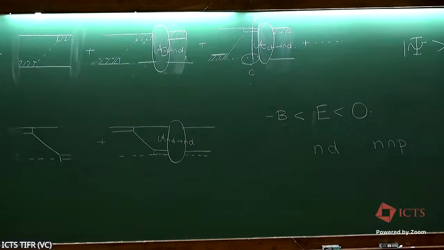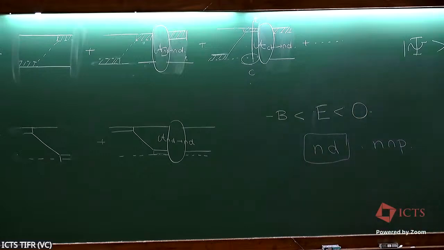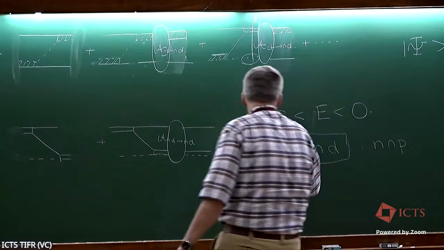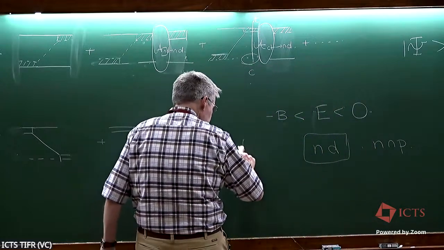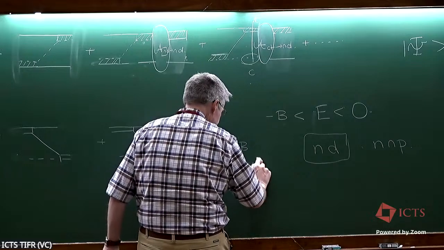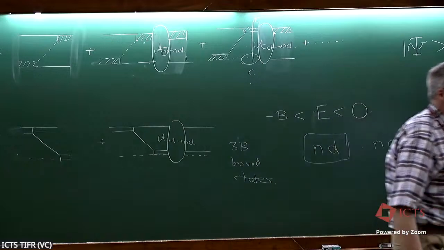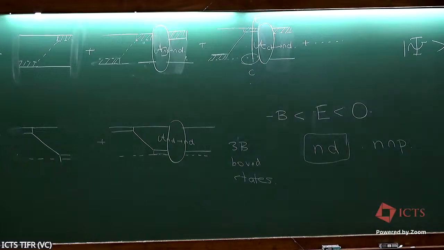It's just that the analysis I want to do is simpler if I consider just the case where only the two-body channel is open, where by two-body channel, I mean this thing. And if you want to go looking for three-body bound states, they live down here. And as I'll explain, you can get the wave function and the binding energy of the three-body bound states out of these equations too.